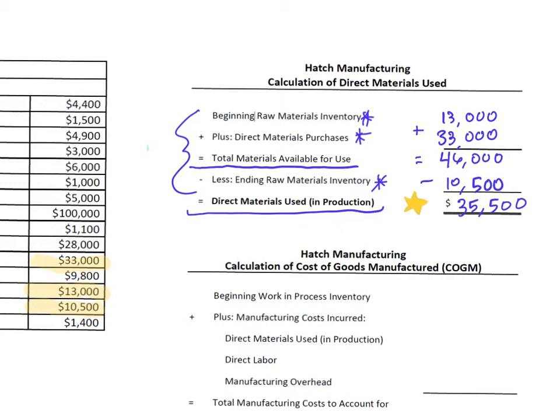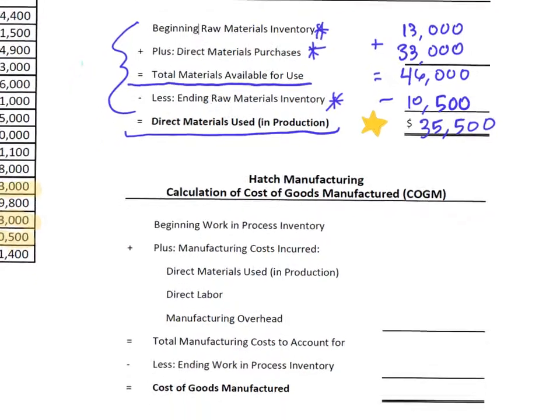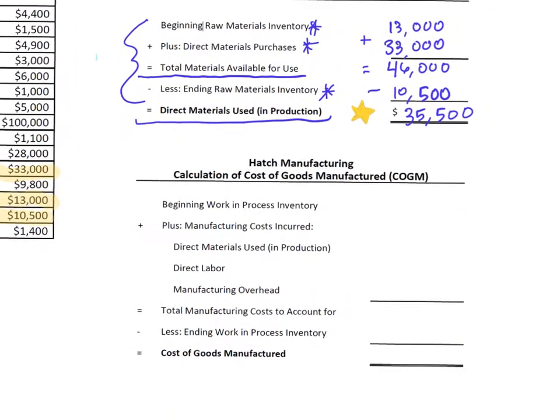Now let's move to our second schedule, which is the calculation of cost of goods manufactured. So as you can see, to calculate cost of goods manufactured, you need all of these items here. Total manufacturing cost to account for, we're going to calculate.